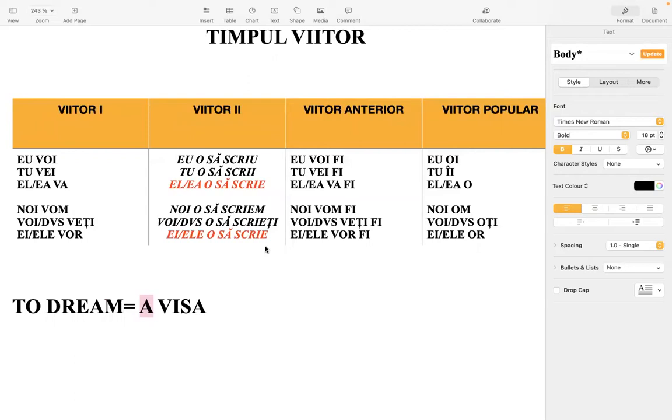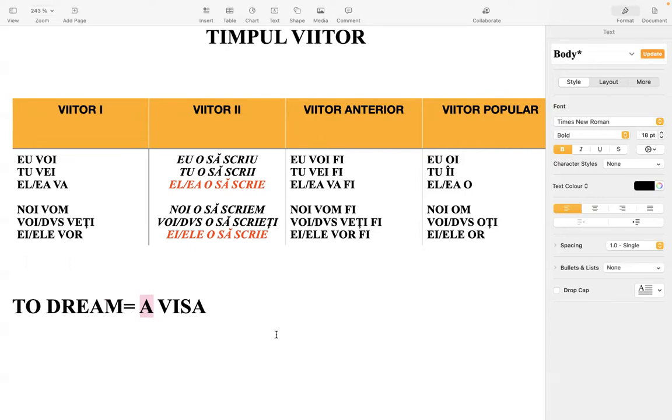Because the verbs have exactly the same conjugation as in the present, with only two exceptions, the second and the third person singular and plural, that are going to be slightly different than the present tense.